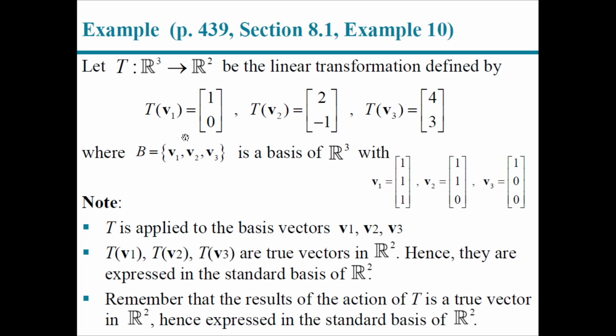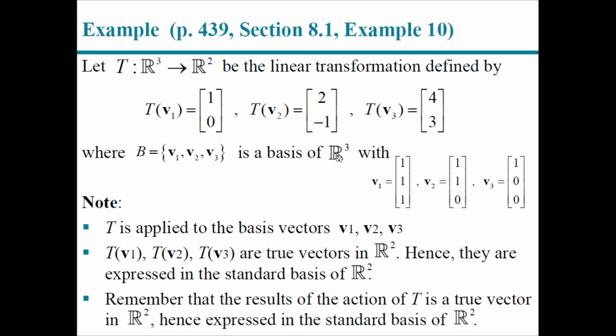So all we have is the images of the basis vectors of the basis B. So we are going to use basis B for R3. Okay, so these are the images. Now, as you see here, there is no mention about the basis of R2, which means for R2, for the codomain, we are going to use the standard basis.